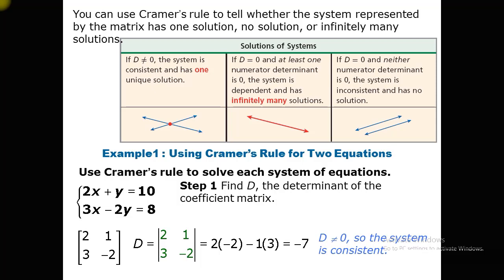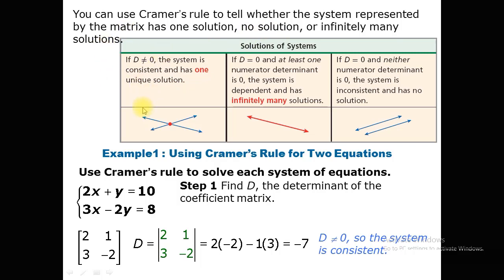Maybe the system has one solution, maybe no solution, or maybe infinitely many solutions. If the system has at least one solution, it is called a consistent system, otherwise it is called an inconsistent system.